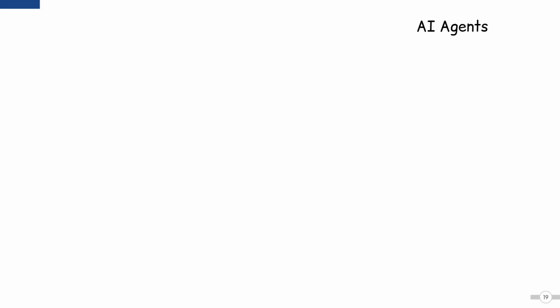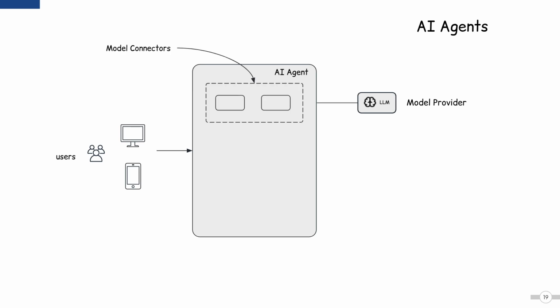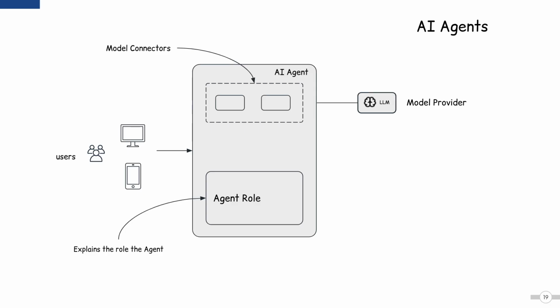And the other thing that you see in today's context is AI agents. And these agents, again, you have model providers, you have applications, and let's look at someone who is playing the agent role. And in the agent role, obviously, just like in the previous case, you have model connectors, and this agent needs to be explained what its role is about, because you don't want a particular agent to be a superstar and know everything. And most probably these agents need to do one particular task well.